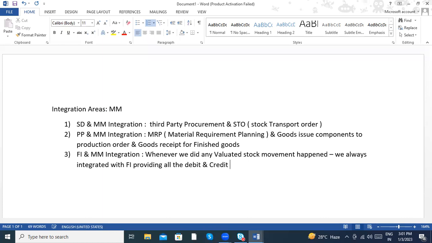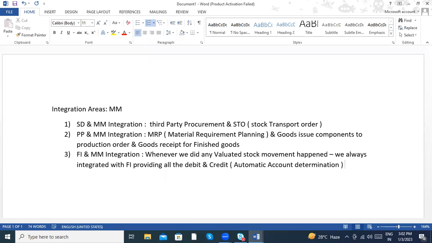So this is generally called automatic account determination. How will it work? When a posting happens, we will generate an accounting document in the background. That accounting document has the debit and credit.